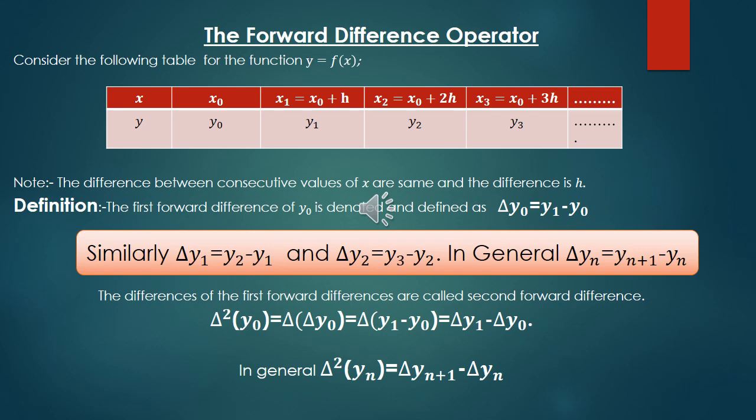And the corresponding y values are y0, y1, y2, y3, etc. The main observation from this table is that the difference between two consecutive x values is the same. Therefore, we can say that the values of x are equally spaced, and the difference between two consecutive terms is equal to h, which is called the interval of differencing.